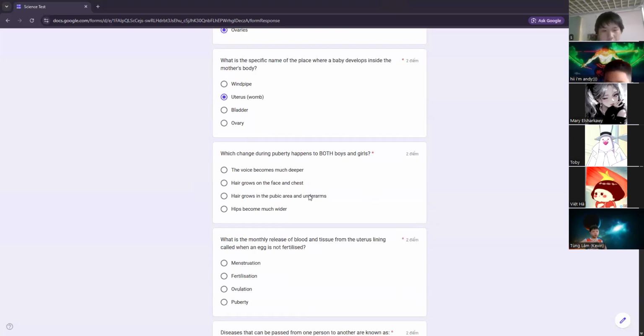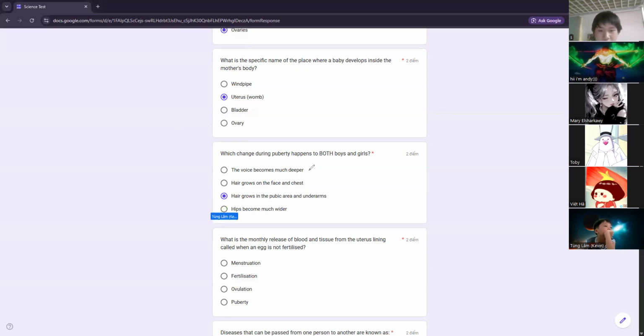So, could anyone tell me which change during puberty happens to both boys and girls? Anyone? Is it like the voice becomes deeper? Actually, no. That was a great answer, but no. It's the hair: hair grows in the pubic area and the underarms.